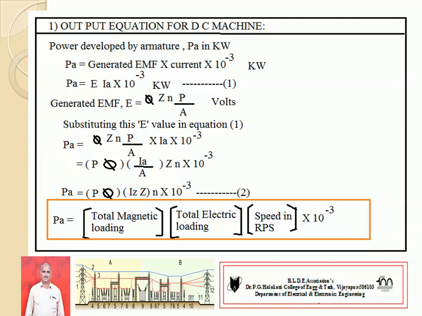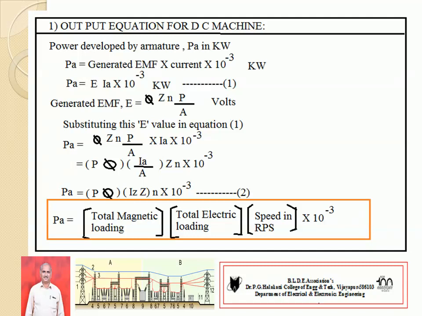Then we know the generated EMF is phi Zn P by A volts. The only point to observe carefully is that N is in RPS, P is the number of poles, and A is the number of parallel paths. You already know these things.